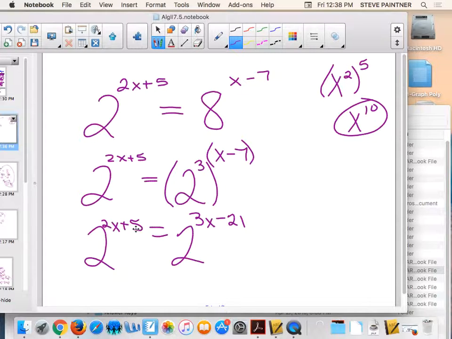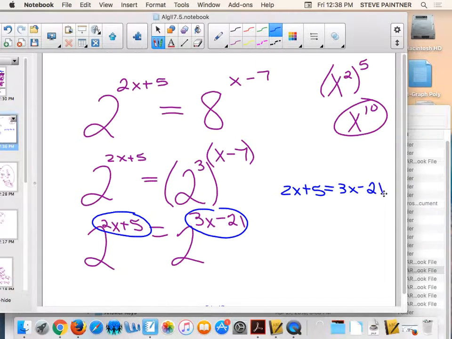Hey, your bases are the same. Your exponents have to be the same for it to be equal. So, come on over. Take this, set them equal to each other. 2x plus 5 equals 3x minus 21. Start solving. What's the first thing you want to do?